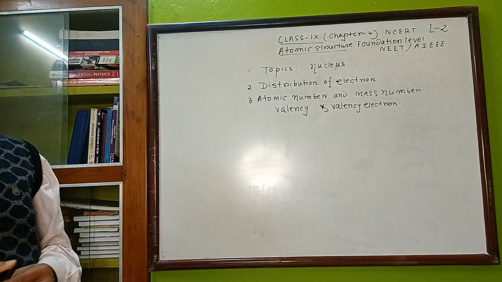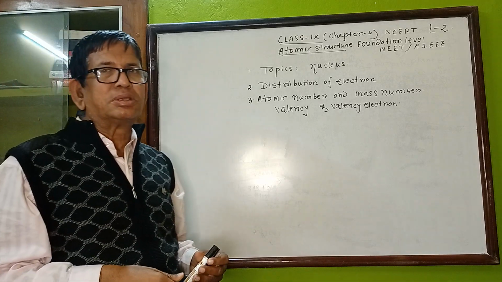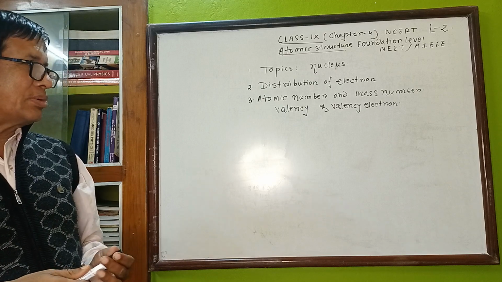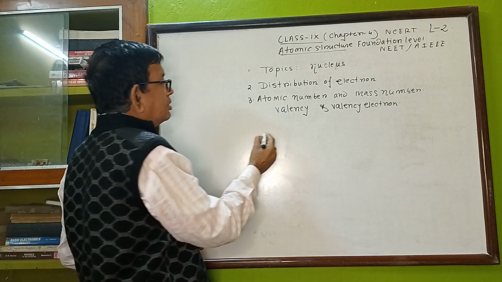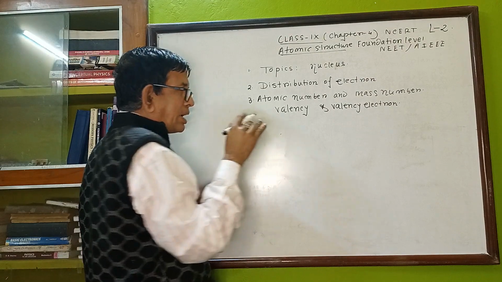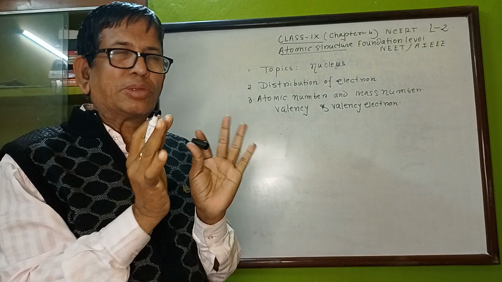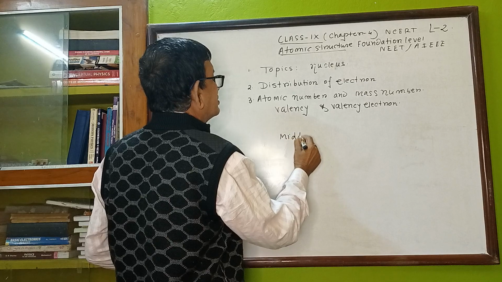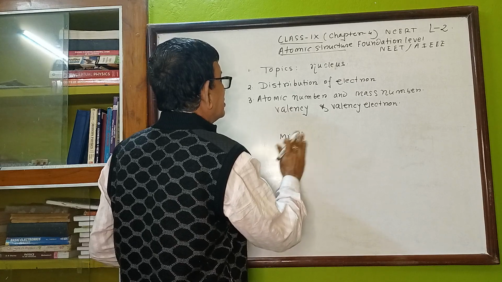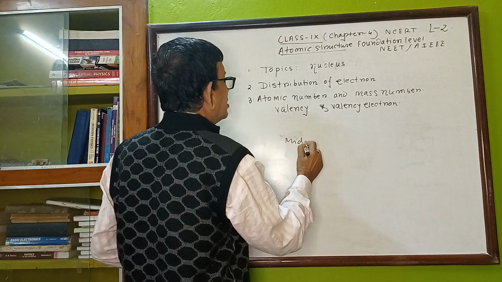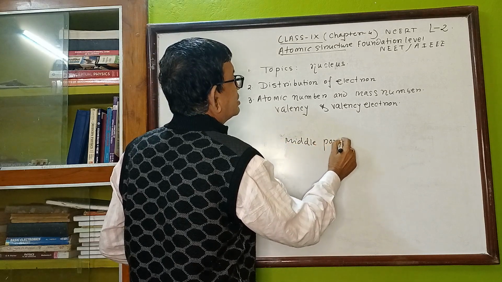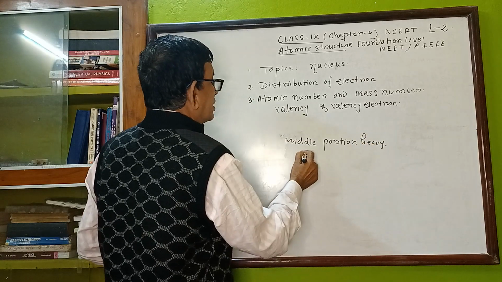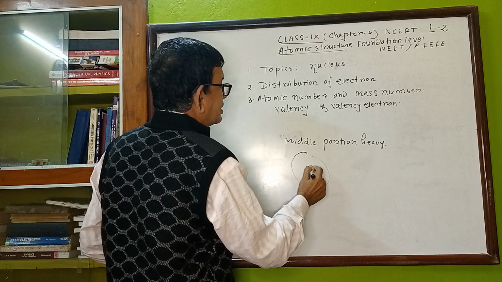Already in the first chapter I have discussed Rutherford's alpha particle scattering experiment and conclusion. According to Rutherford's conclusion, we know that the maximum portion of the atom is empty, and the middle portion is heavy.